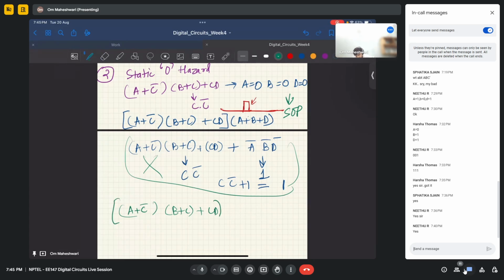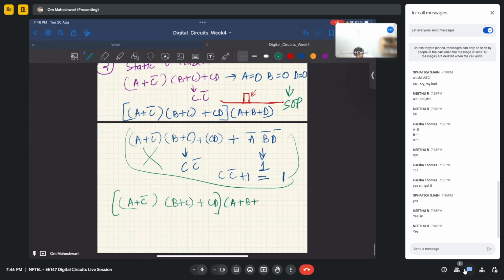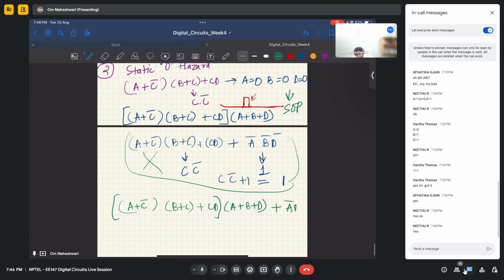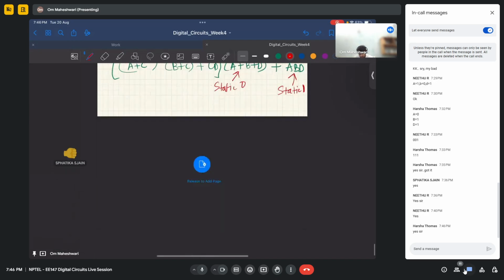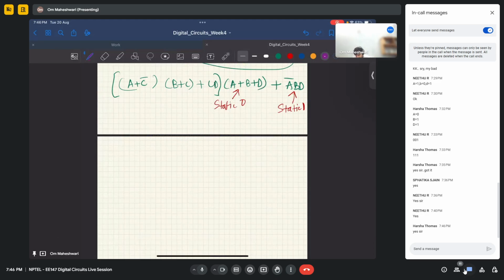We did multiply it with A plus B plus D, and we added A bar BD, where this we added for static 0, this we chose for static 1. Correct? Till now, is it clear? Yes, sir. Correct. Now we have one more hazard to take care of, right? The dynamic hazard. So let us see that also.